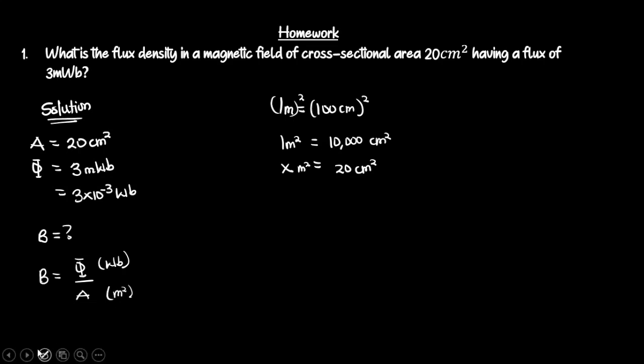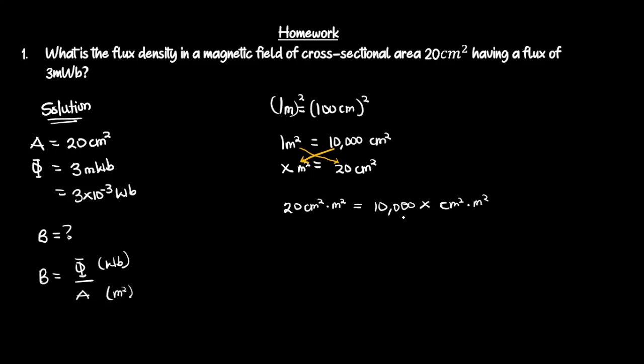So from here, all I have to do is a little bit of cross multiplication. This will multiply this, and then this will multiply this. Okay, so if I do that, 1 multiplied by 20 will give me 20 centimeter square multiplied by meter square, and this will be equal to 10,000 x, centimeter square multiplied by meter squared over here.